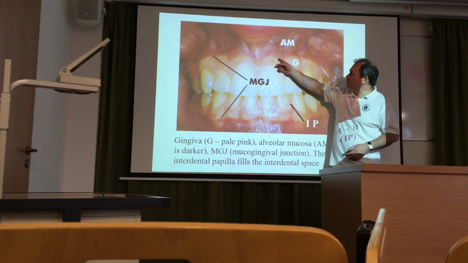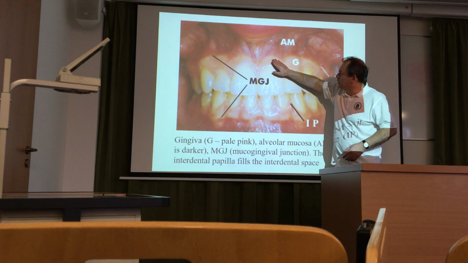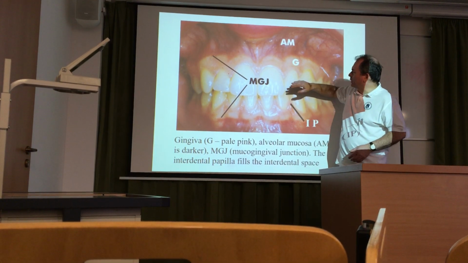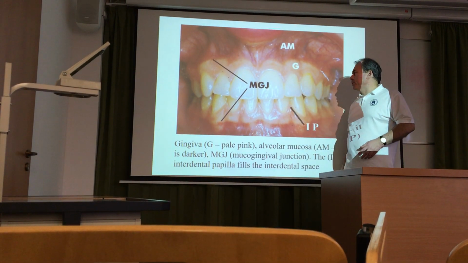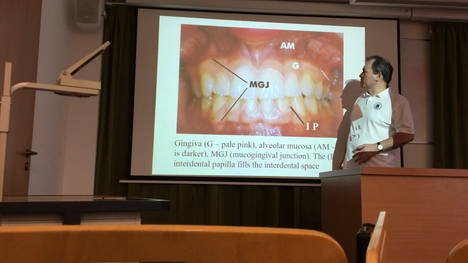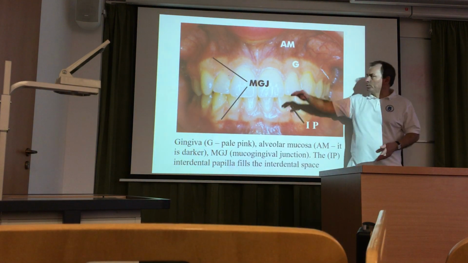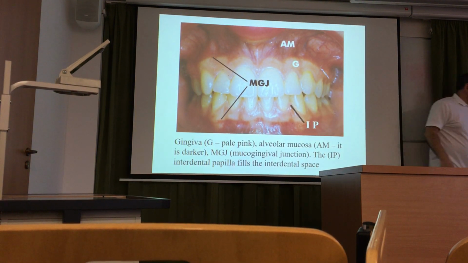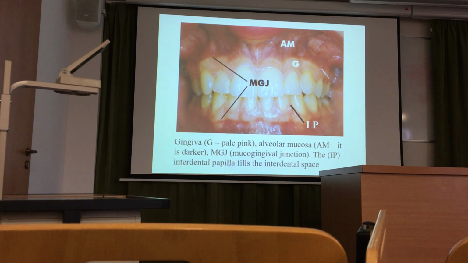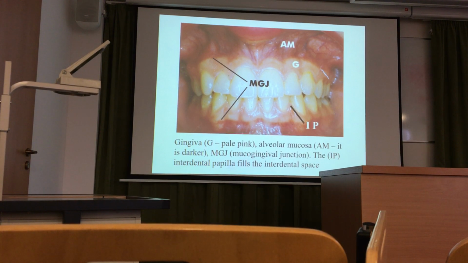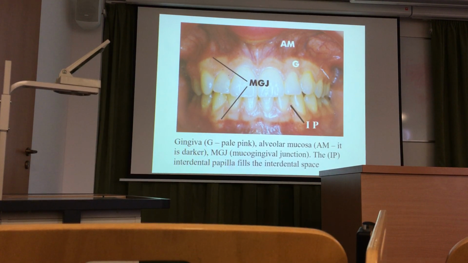This mucogingival junction is clear here because the gingiva is more keratinized. You have mechanical irritation, mechanical stress, and biological and chemical stress from the bacteria, and the attached gingiva is prone to mechanical stress, which is why its surface is keratinized.